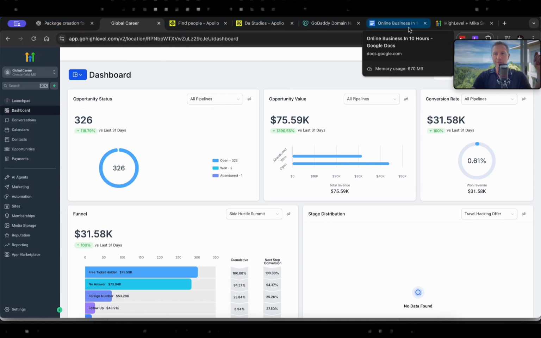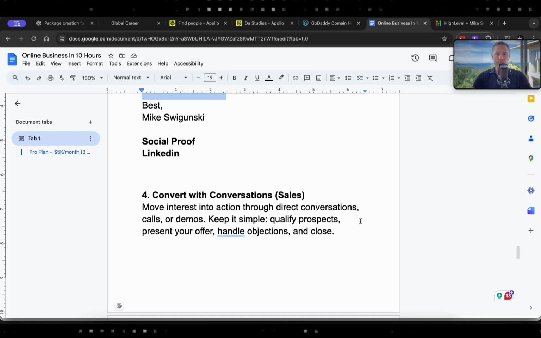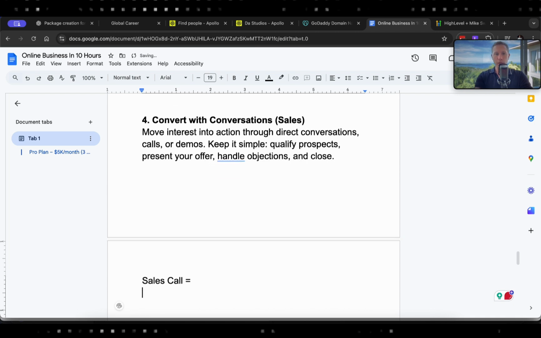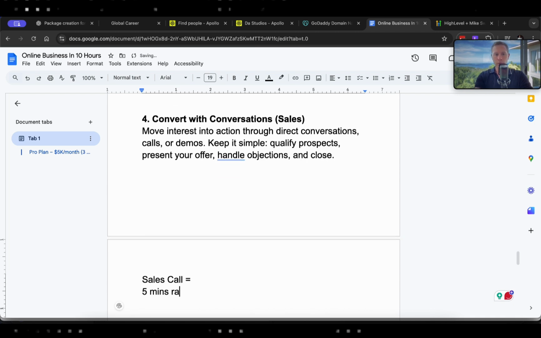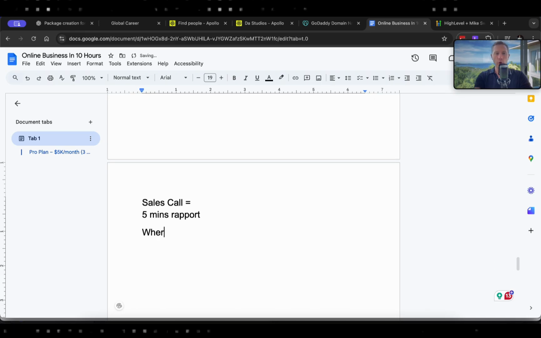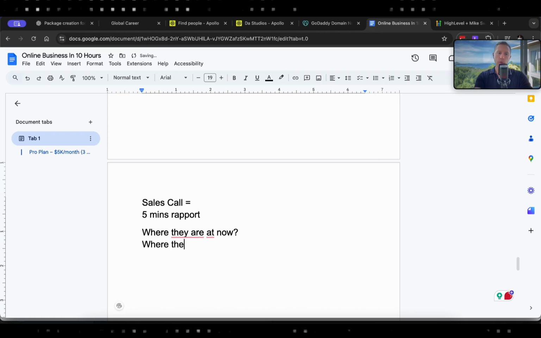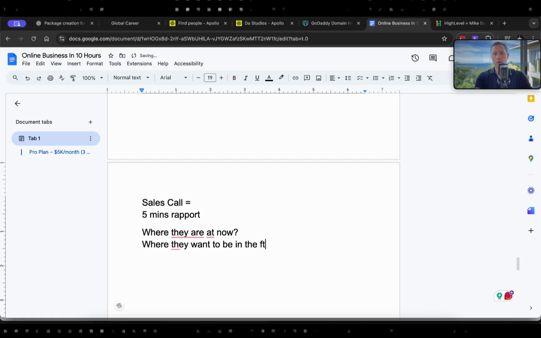And so basically after that, once you're on the sales call, I like to structure it like this. Then you're basically going to get into where they're at now, where they want to be in the future, and what have they tried.